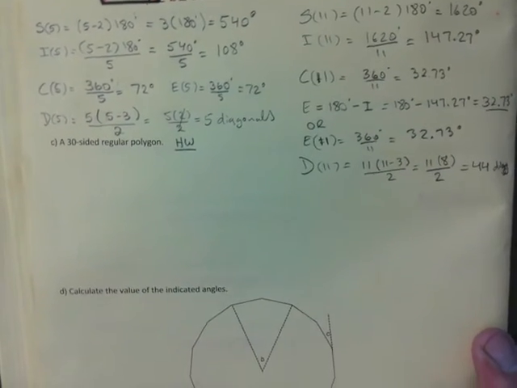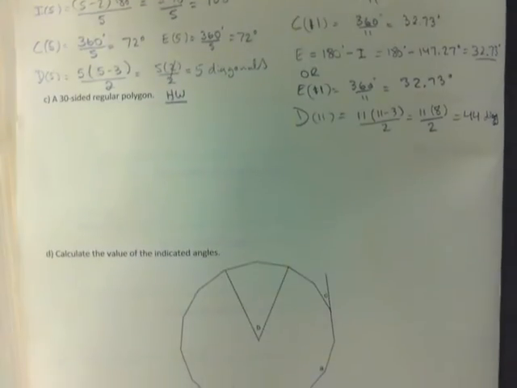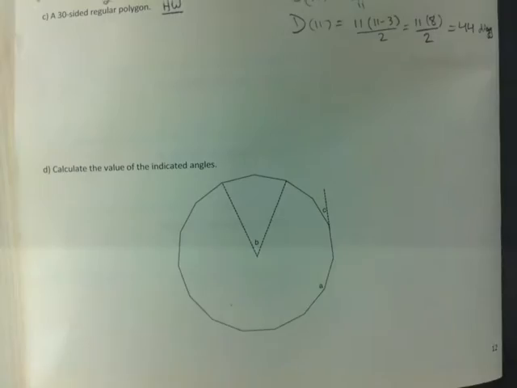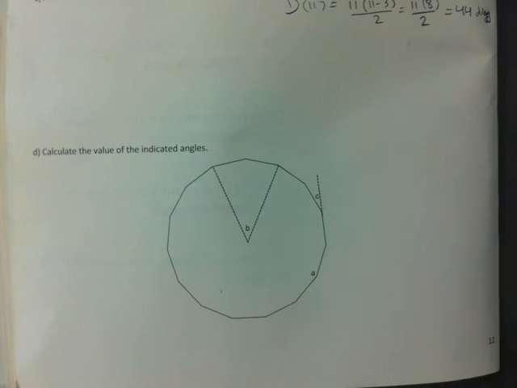But I think you got it at this point. I just add more examples than I will need, just in case. So what if you got something like this? I'm not going to tell you what the central is or what not. I'm just going to say, hey, in this diagram solve for A, B, C. So I expect you to know what you need to do at this point.